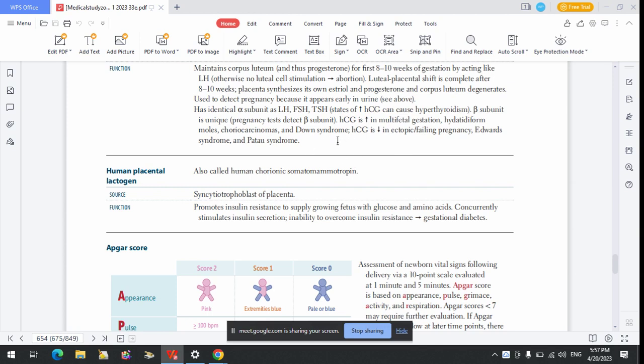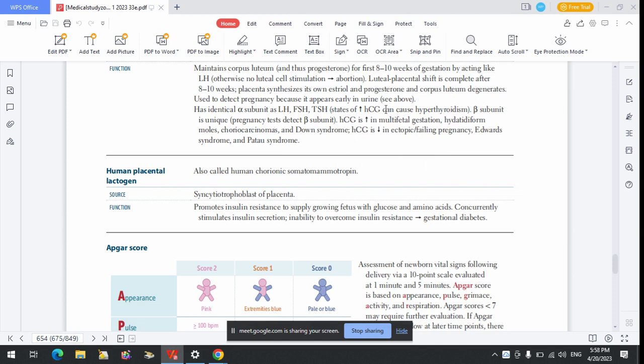So out of the trisomies, it is only trisomy 21 that secretes HCG. In Down syndrome, HCG increases. The level of HCG drops in Edwards and Patau. Edwards and Patau have low HCG, as well as an ectopic or a failing pregnancy. So the way you want to monitor an ectopic pregnancy is serial monitoring of the HCG.